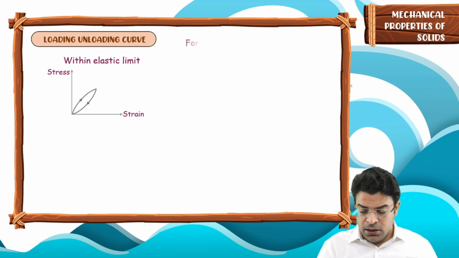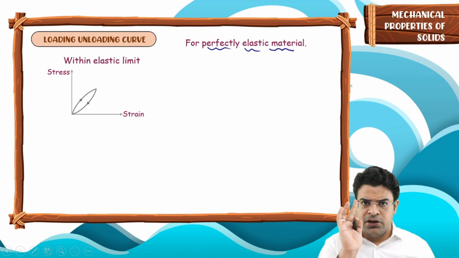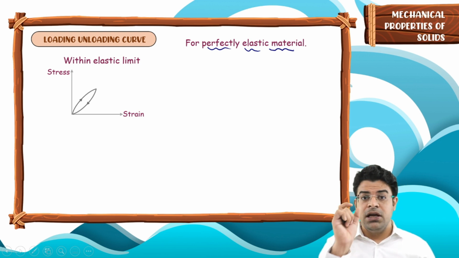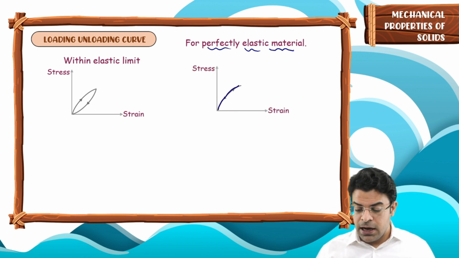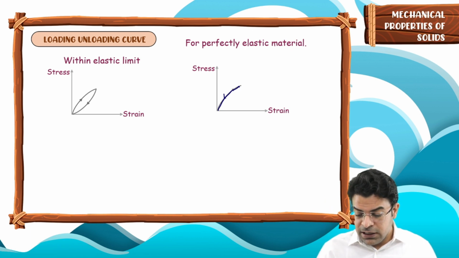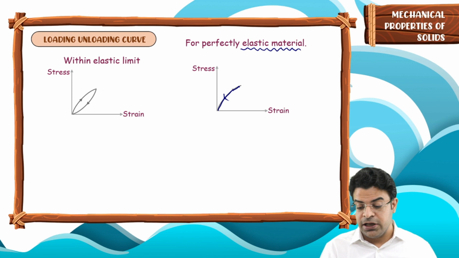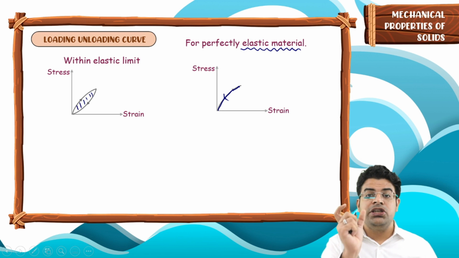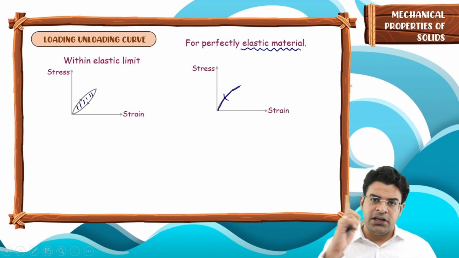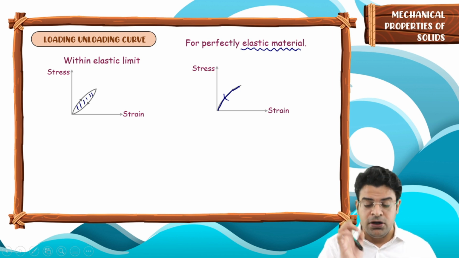Moving on. If the material we are using is perfectly elastic material, in which there is no energy loss, then the loading and unloading curves are the same. So the unloading curve is exactly on the same line as the loading curve, given that it is a perfectly elastic material. Because the area enclosed by the loading unloading curve represents the energy loss. You will learn the same thing in magnetism. The area enclosed by the hysteresis graph is directly proportional to the energy loss.